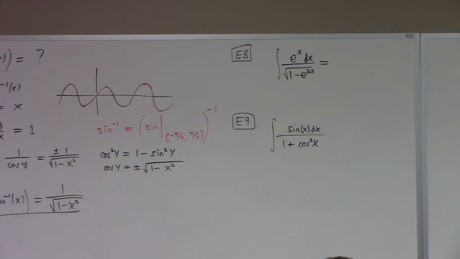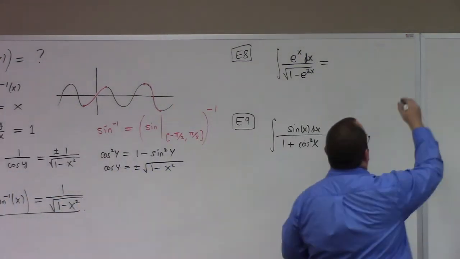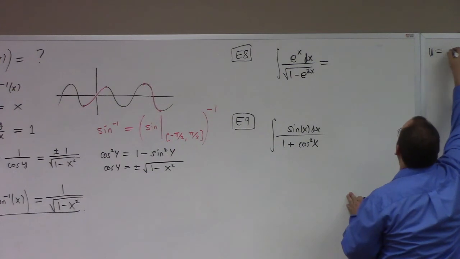So my reason for saying that is here it should be pretty easy to do these because we just had this conversation about this and that. So you might guess what we should do. Can you see the pattern? What if I let u equal e to the x?